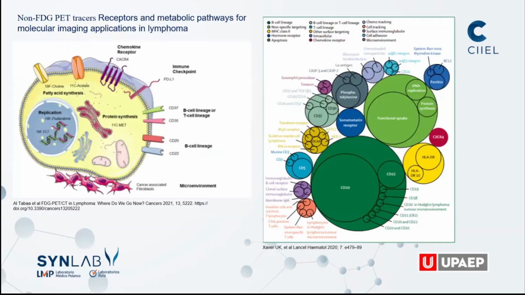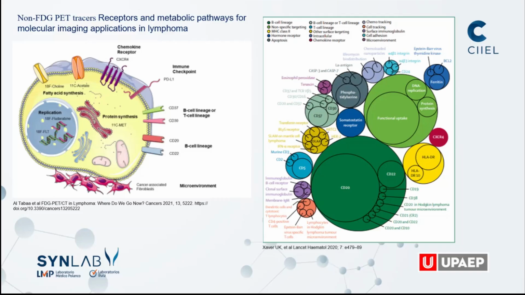In this slide, on the left, is summarized the potential targets of PET radiotracer. On the right side, the bigger circles mean that there are more studies about some specific target.